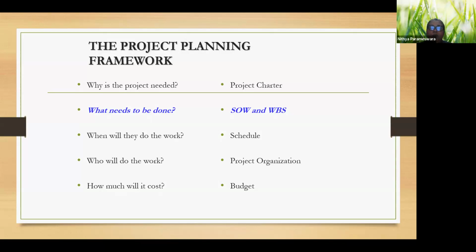And when will they do the work? This will be covered in the scheduling part. And who is going to do this? It will be done in the project organization, and the cost of each activity of the project will be done in the budgeting section.